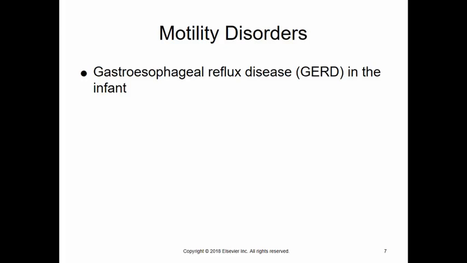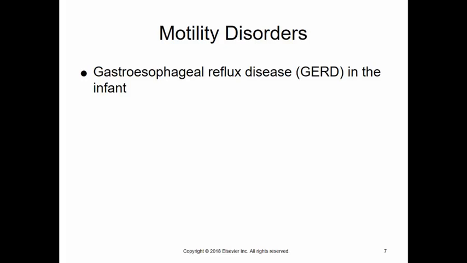As they grow, this should decrease, the symptoms should decrease, and the GERD should go away. Symptoms in infants include vomiting or spitting up after meals, hiccuping, and recurrent ear infections, and that's related to the pooled secretions in the nasopharynx. Respiratory illnesses are frequently associated with GERD, like asthma and coughing.